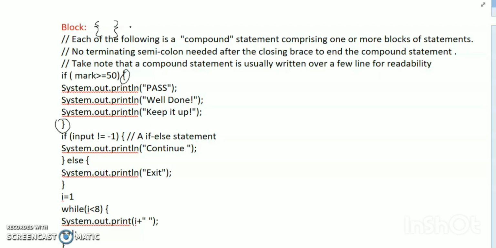Blocks are used as the body in constructs like class, methods, if, else, and loops, which may contain multiple statements but are treated as one unit. There is no need to put a semicolon after the closing brace to end a compound statement. An empty block, that is, no statement inside the braces, is permitted.